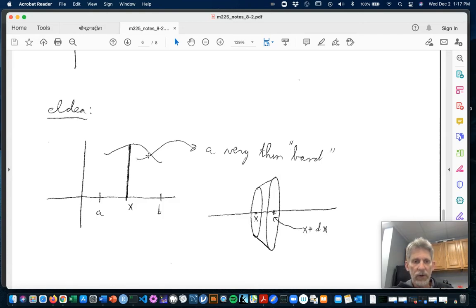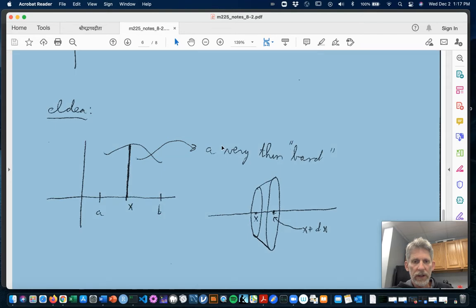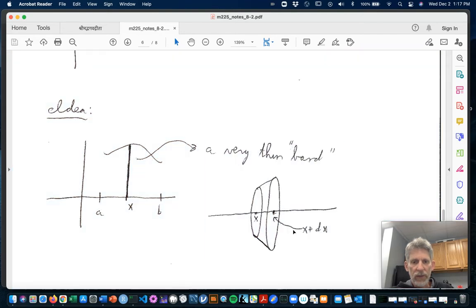So coming over here, we get a little magnified picture of the little teensy-weensy solid that you get by revolving that strip. And so I imagine it starting at x and going to x plus dx along the x-axis, where dx is this tiny, tiny, tiny little thickness.